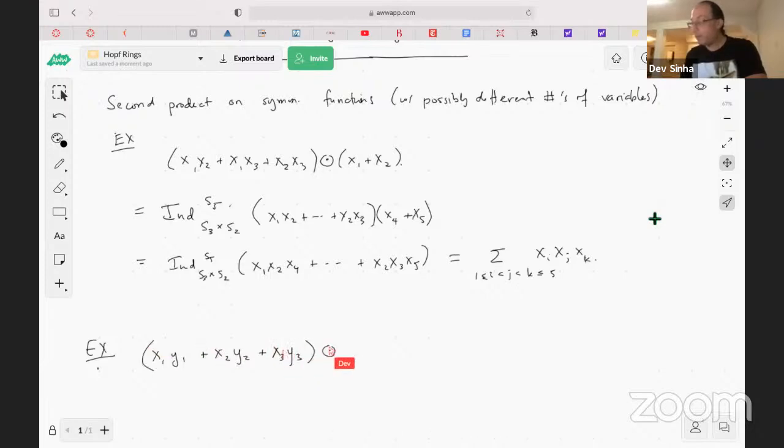And maybe I want to take this new product with, here's another symmetric polynomial, again, just 2 variables. The first one is in 3 variables, and I'm once again going to have to induce up.